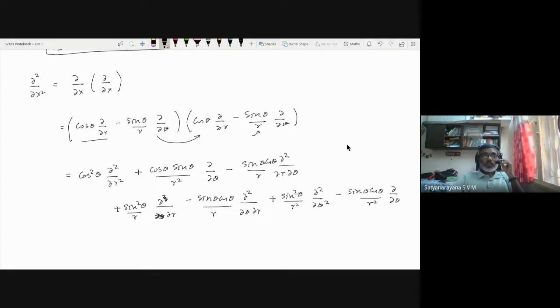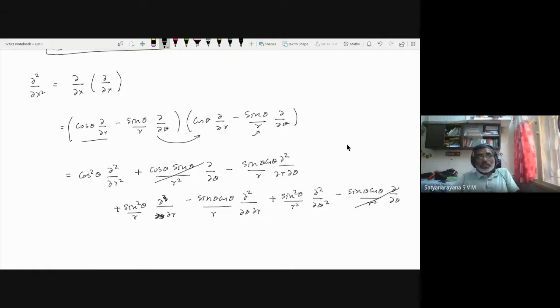Yeah, so now you can see that the order of the differentiation is not important. So that is minus, and this one is sin. Okay, so at least this term will cancel with this term. Okay, and then you have sin θ cos θ.